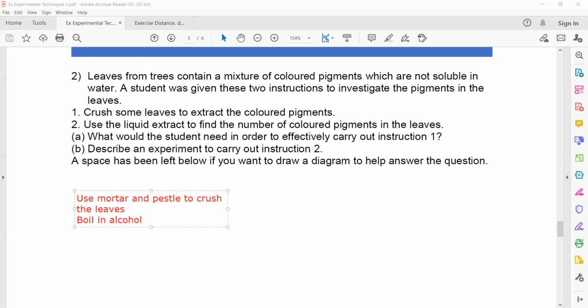So we can boil in alcohol to extract the color, and then we will filter to remove insoluble particles.